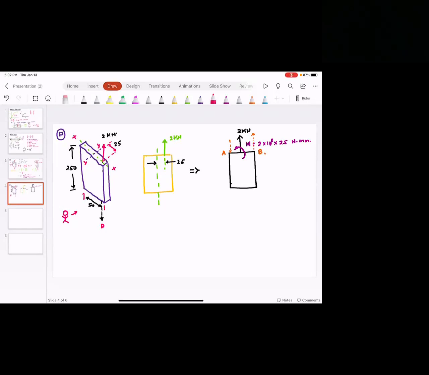So check this out. Stress at A is equal to sigma direct plus sigma bending.